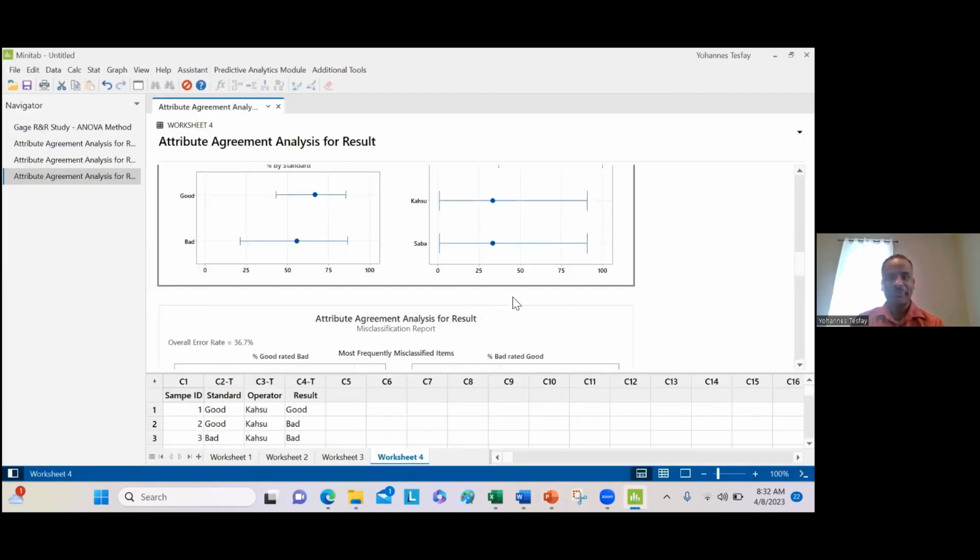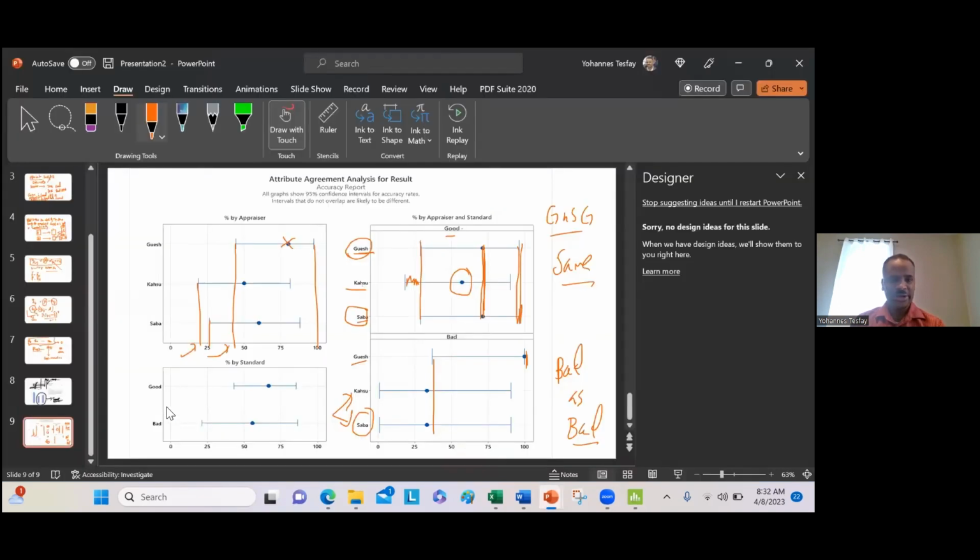So this is in the machine, or it's already given. Maybe I have the graph here. So the machine estimates good as good this much percent. Or the system, bad as good, or good as good, this much percentage, bad as bad, this much percentage.